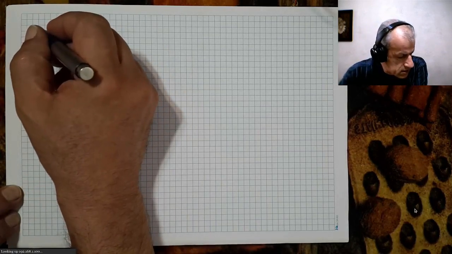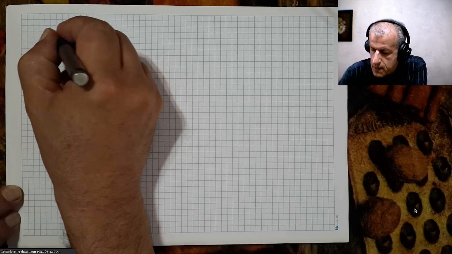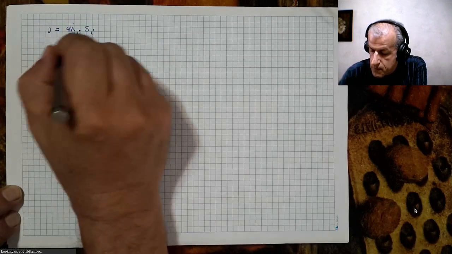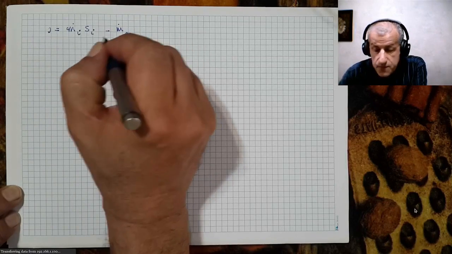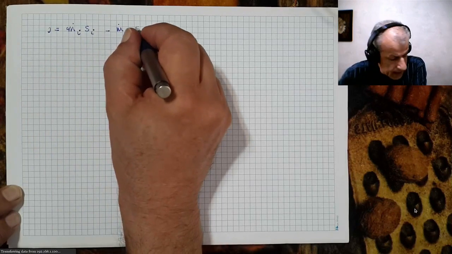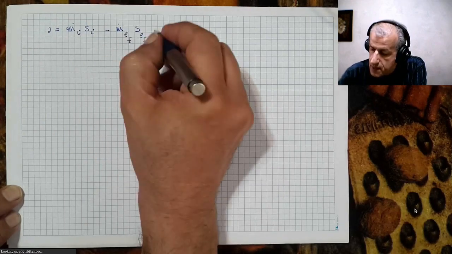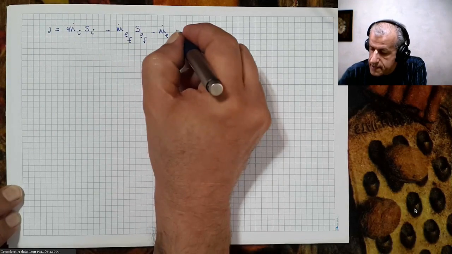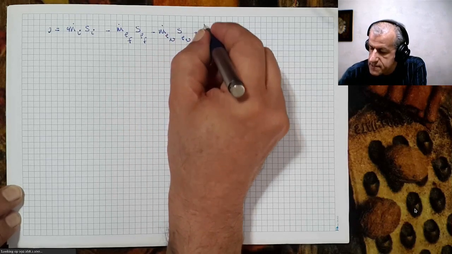So the equation would look like this: 0 equals m dot I Si minus m dot E, which is in the form of liquid, S E in the form of liquid, minus m dot E as vapor, and Se as vapor, plus S dot Gen.